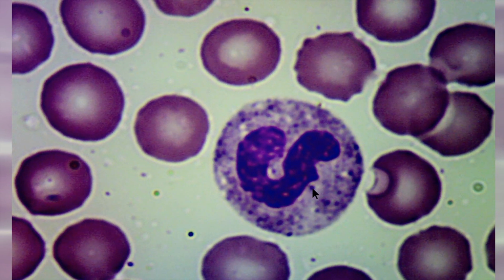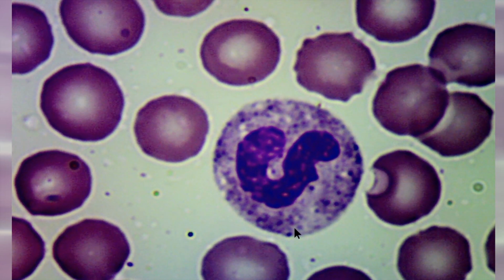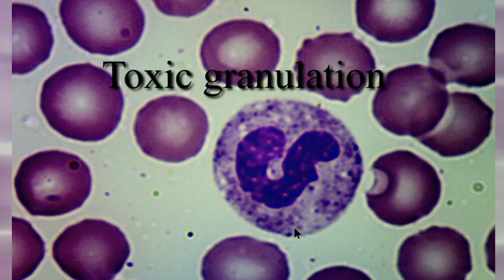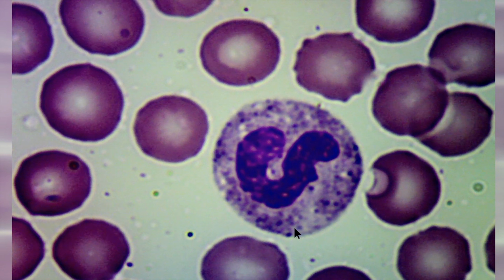You can see the presence of the primary granules, you can see the presence of the secondary granules, and of course the tertiary granules are also present in this case. Overall, these neutrophils that we have seen so far indicate the presence of what we refer to as toxic granulation. And that is the abundance of these granules, and usually toxic granulation is seen in conditions in which the neutrophils are fighting some sort of infection. And I will report toxic granulation on this smear as well.